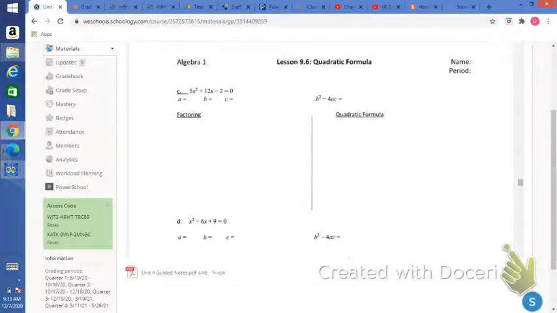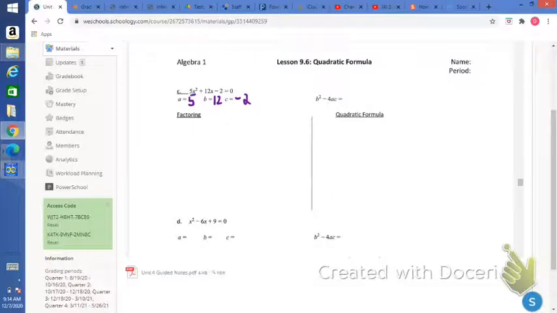Alright, the last one we're going to do together is C. So we have 5x squared plus 12x minus 2. So let's write our A, B, and C in. So our A is 5, our B is 12, and our C is negative 2.